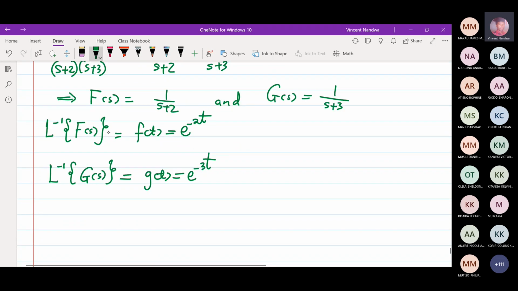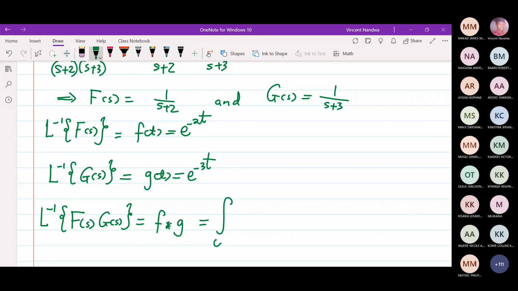So the inverse of this product will be the same as convolution of f and g, which is integral from 0 to t of f of t minus v, g of v dv. That's by definition.